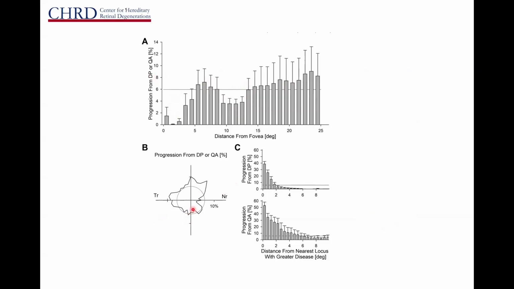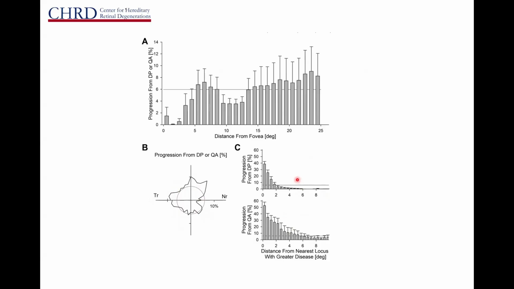The other aspect that we looked at is there a direction in terms of isotropy around the retinal clock hours in terms of progression, and this can be seen here. The gray circle is the 6% average, and what we see is in the temporal retina and the superior retina, there is greater progression than the average, as opposed to the opposite directions. And the last two plots basically say the same thing, which is, does your neighbor define your progression?